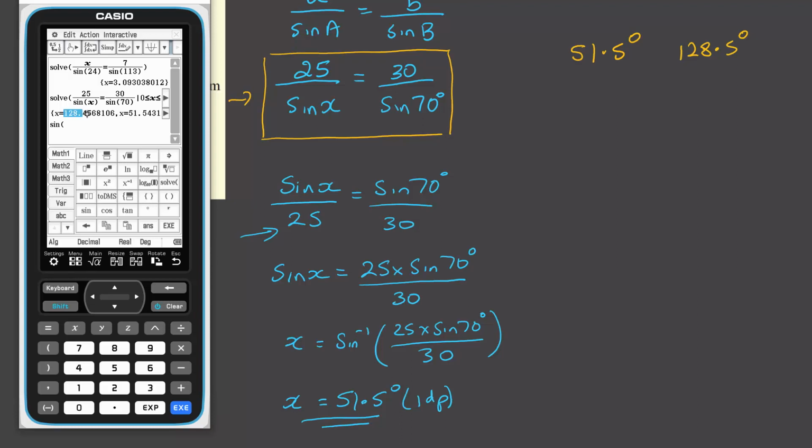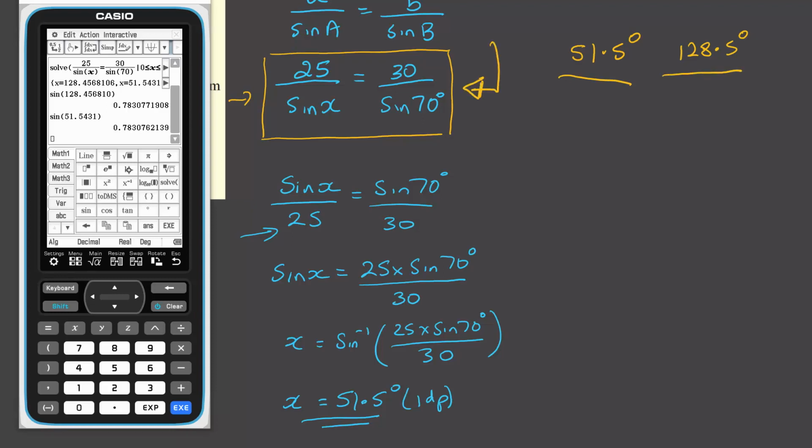If I do the sine of this angle, and then I do the sine of this angle, I took different numbers of decimal places, but pretty much we should get the same answer. So both of these angles are solutions to this equation.